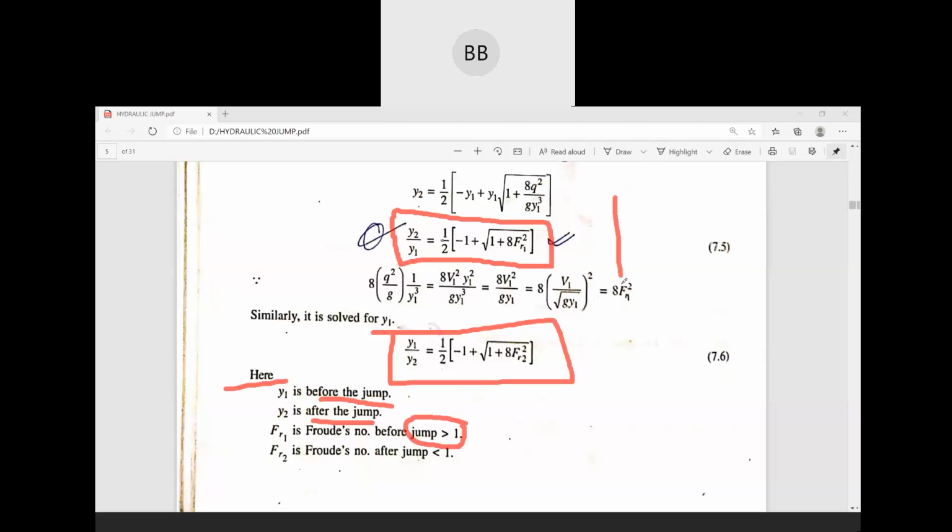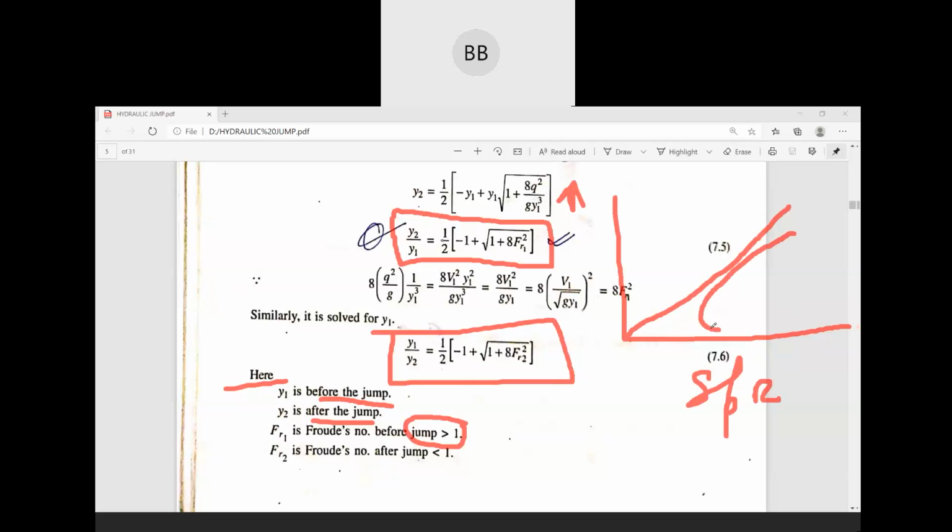Whenever we talk about a hydraulic jump, if we draw a specific energy curve, this is our specific energy here, and this is your depth of flow on the y-axis. For a particular discharge, this will be the curve, and if you join it with the critical flow, it divides into two parts. One is supercritical, one is subcritical.